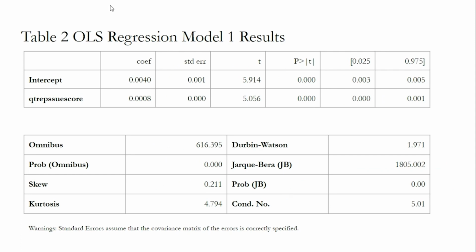So first of all, what we did is we regressed the 3-day return on the quarterly earnings surprise. And the quarterly earnings surprise is measured by actual earnings minus expected earnings divided by the standard deviation of the analyst estimates for the quarterly earnings.